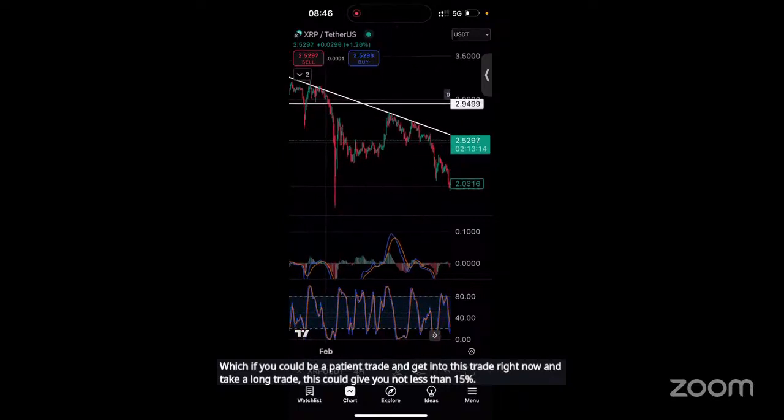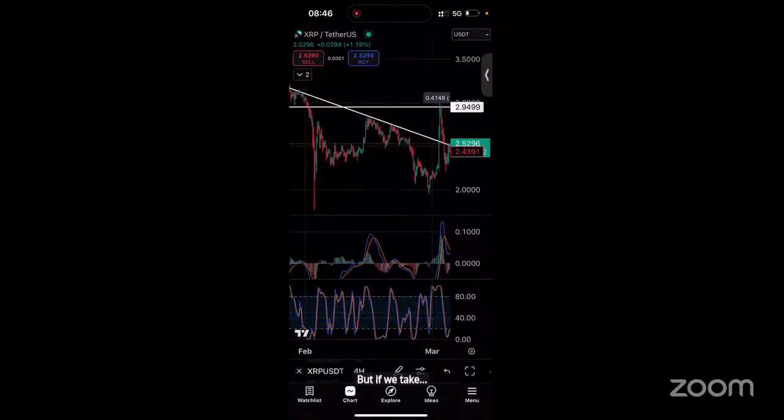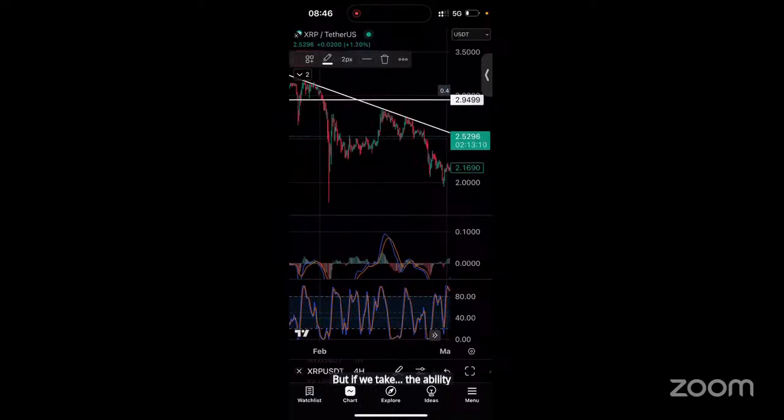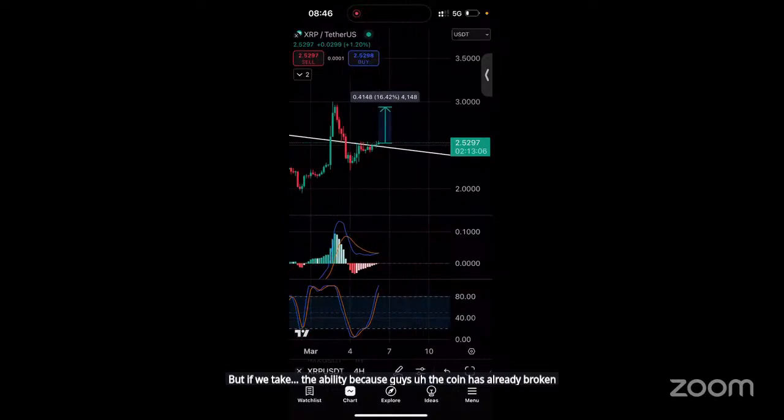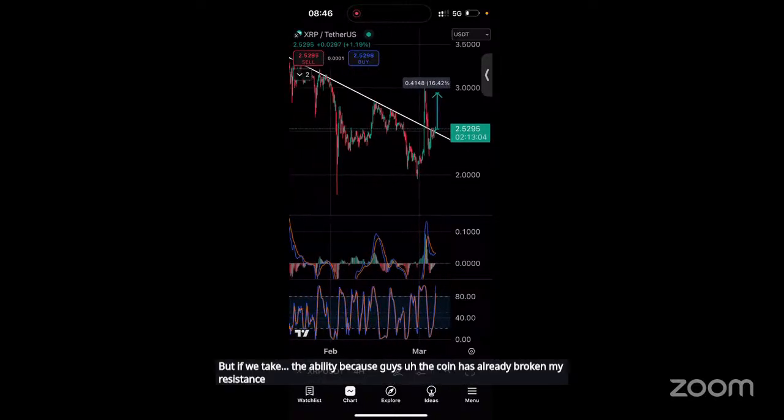But guys, the coin has already broken my resistance, although it is not a confirmation.